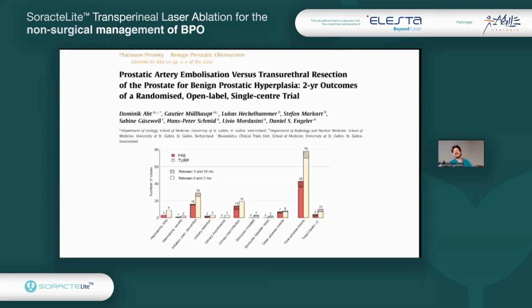But what is happening in the other states and in Europe is that in the last month, the first long-term single-center randomized clinical trial was published comparing PAE versus TURP. The results were obviously in favor of PAE regarding complications, because PAE has really, really low complications compared to TURP.